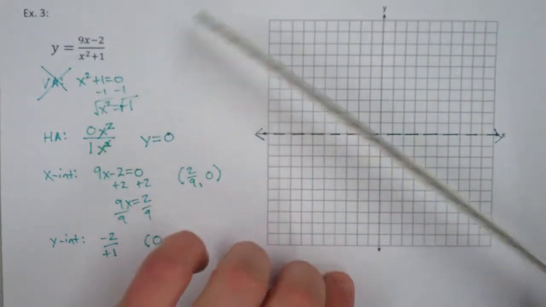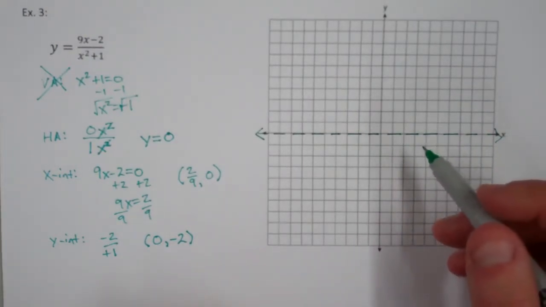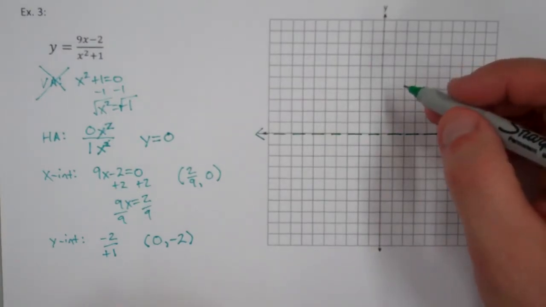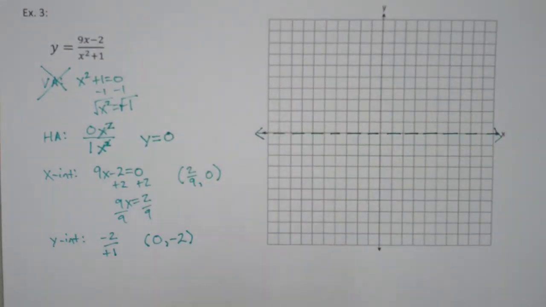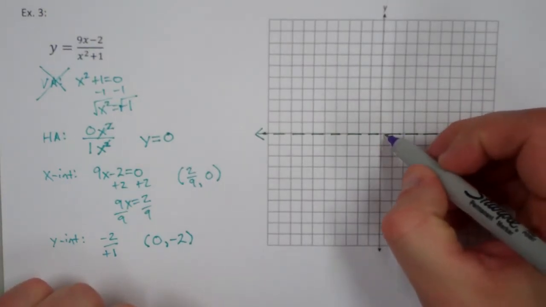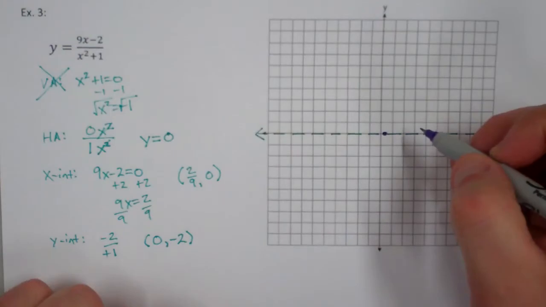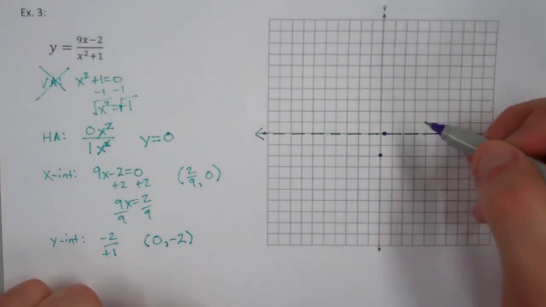I like to put it in there just so I make double sure that's going to be my asymptote, my horizontal one. The x-intercept is 2/9, 0. Well, better change colors here because this is now the actual graph. So 2/9, 0. Well, that's right there. Alright, and then we've got 0, negative 2 is going to be the other one.